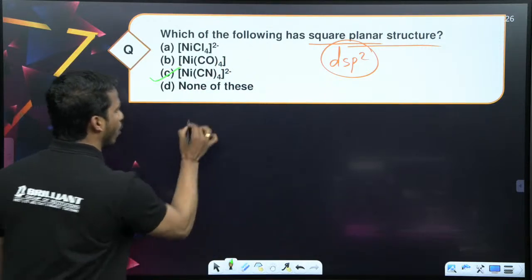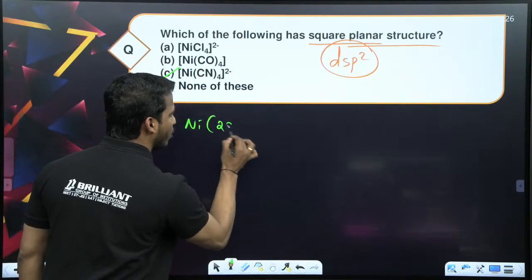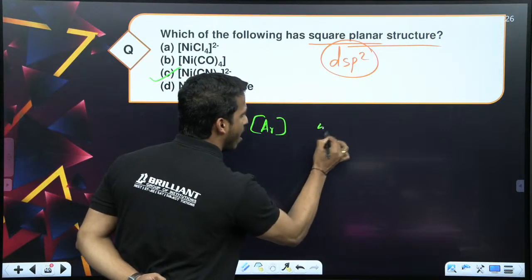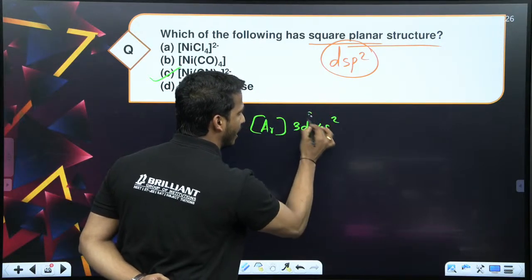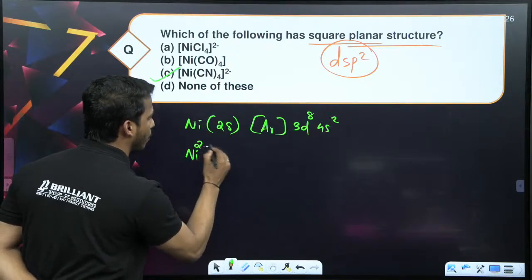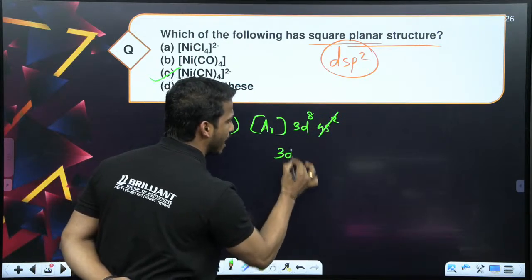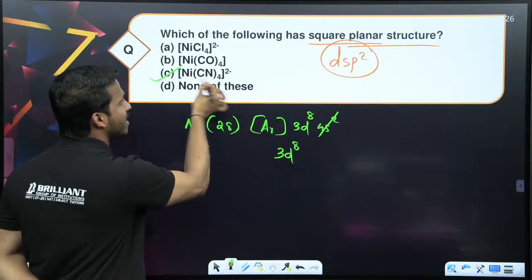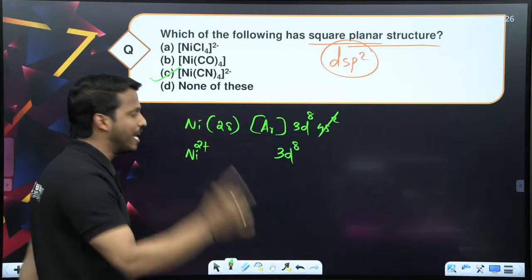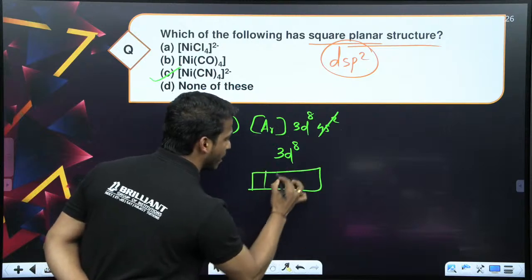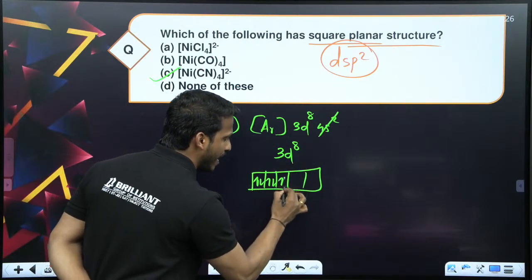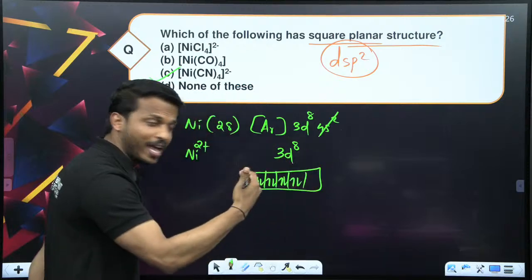What is the reason? Nickel, atomic number 28. So what is the configuration? Argon 4s2 3d8. Here nickel's oxidation state, while calculating, you will get 2 plus, so this 2 is gone, what is left? 3d8. And cyanide is a strong ligand, dear all. Strong ligand present, so the 8 electrons, 2, 4, 6, 8, get paired.